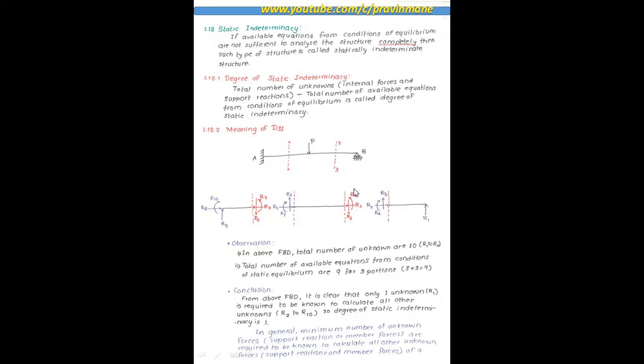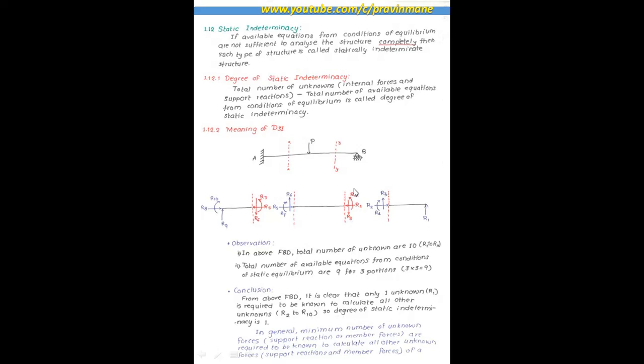Then we'll go for the degree of static indeterminacy. The total number of unknowns, that is internal forces and support reactions, minus the total number of available equations from conditions of equilibrium, is called the degree of static indeterminacy.